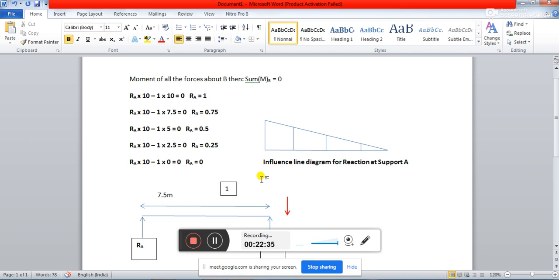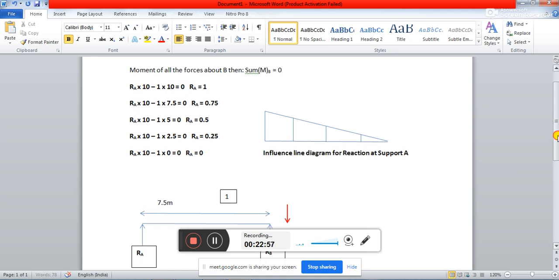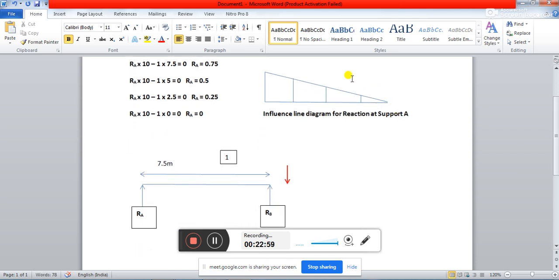When you take x as a variable quantity from some support, you will get a function in terms of x for the reaction at A. Let us try to see how it will happen, and whether this influence line and the concept we are specifying now will match or not.